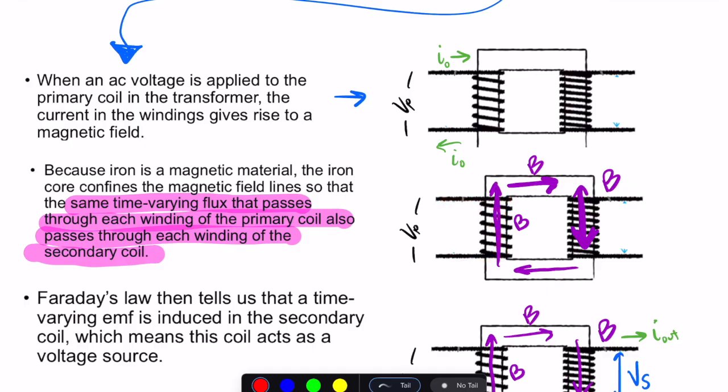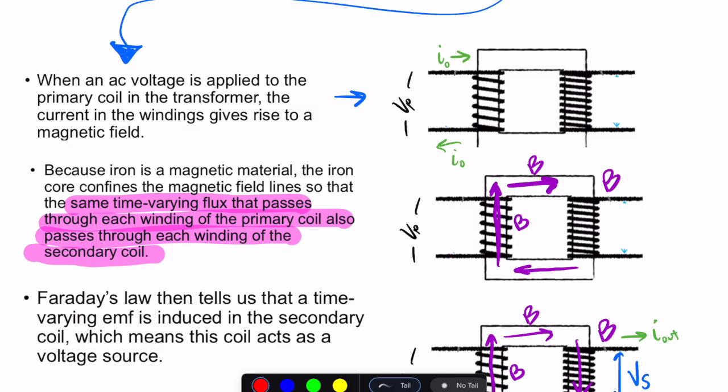And here's where the magnetic core comes in. The core acts like a channel, and it channels the magnetic field like this so that it goes straight down into this coil. When that magnetic field is changing and going down into this coil, it produces a current, because we have a changing flux.